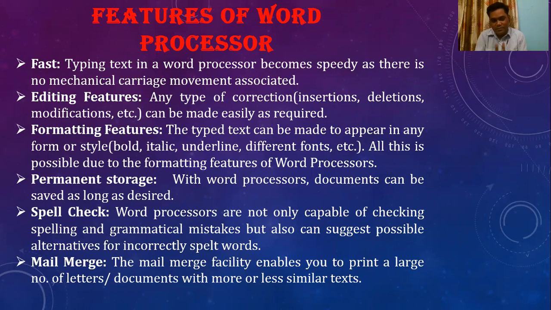Take the invitation letter, take one address from the recipient list, then merge and print. In this way you have to do only two things. One, you have to create a main document, which will contain the matter of the invitation, and the other, the recipient list. This is called the mail merge feature.